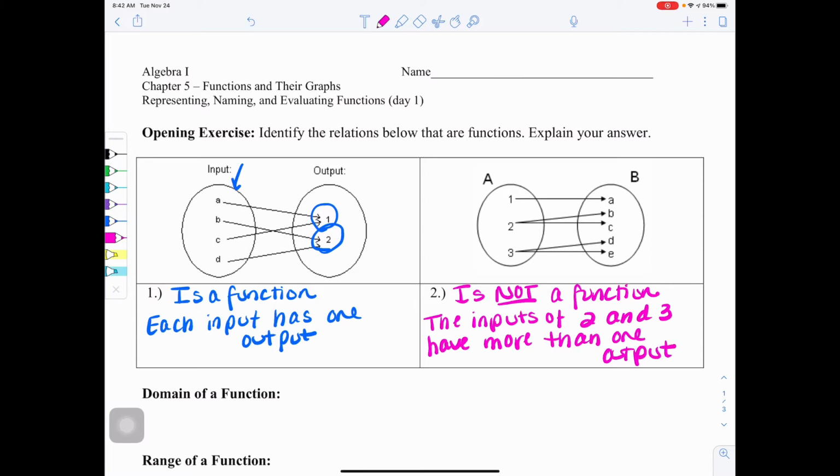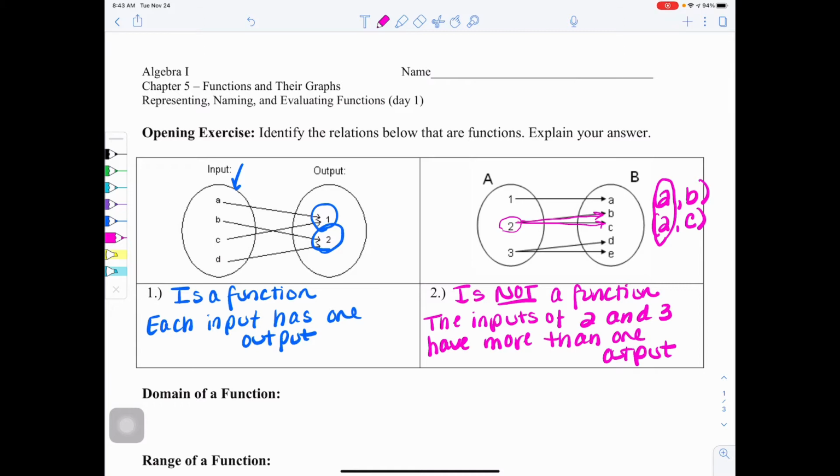So looking up here, if I take a look at 2, for example, there are 2 arrows coming off of that 2, which means that 2 is paired with B, and 2 is also paired with C. So if I were to write them like coordinates, you can say we have this repeated value here, which means that 2 has been matched with 2 different elements in the output, which is not okay.